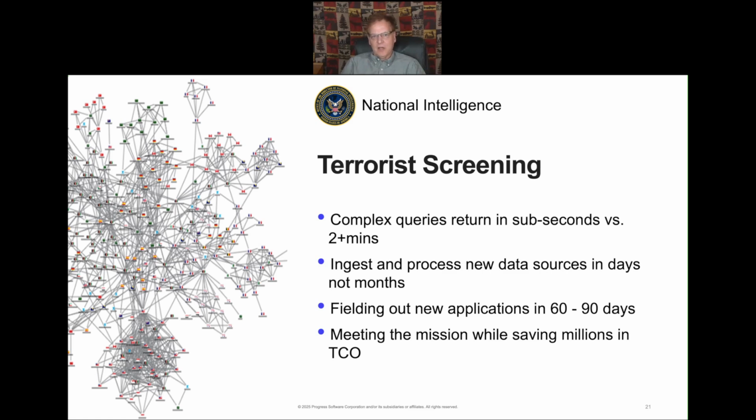The data is coming in there, and we need to be able to analyze relationships between all the different bad actors. Do we think this person's a terrorist? One way to figure out is, do they have interactions with other people we believe are terrorists? And we need to look at bank records, transactions happening, where people are located. All of that is based on MarkLogic.